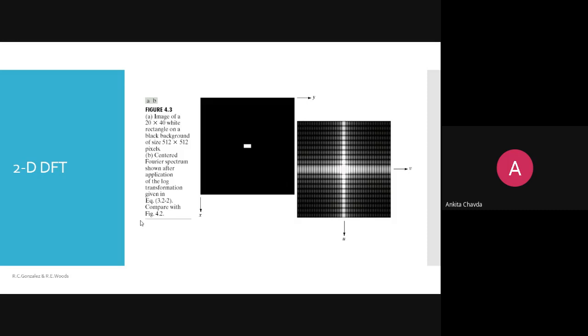This is 20 rows and 40 columns, and a white rectangle is drawn. If I convert this image to the frequency domain, it will look like this. This is what they are showing.